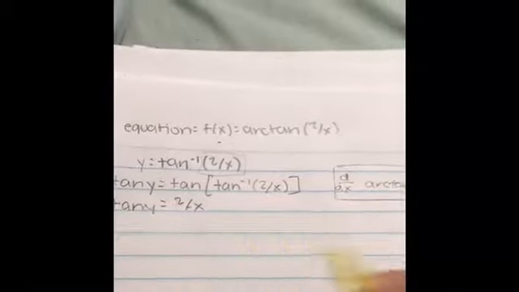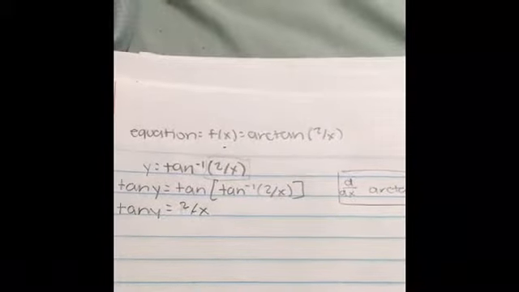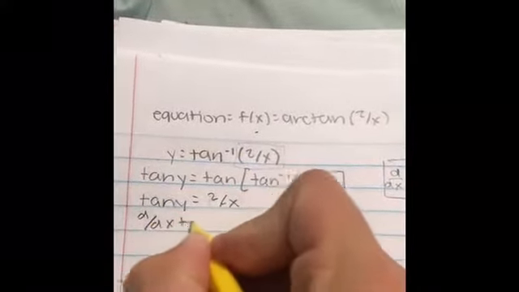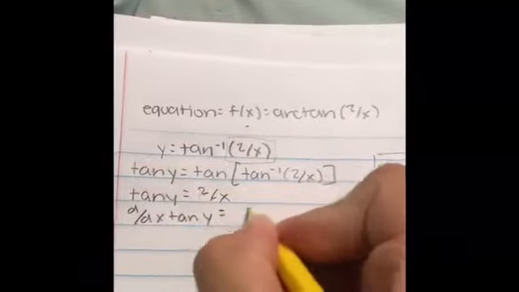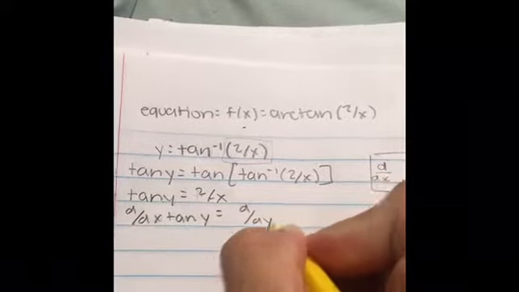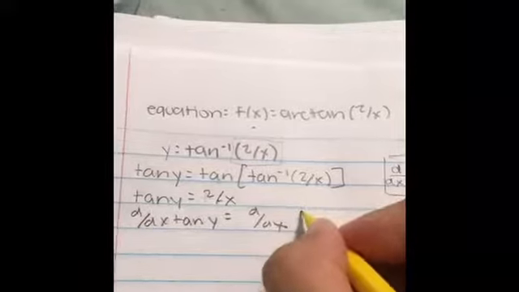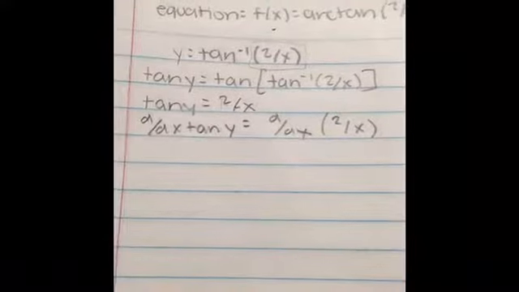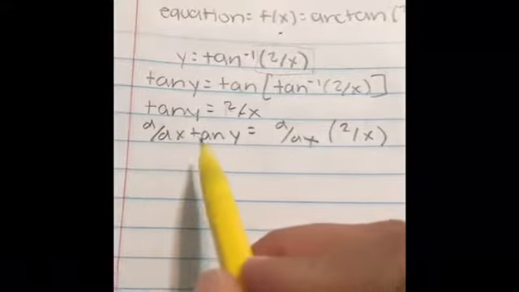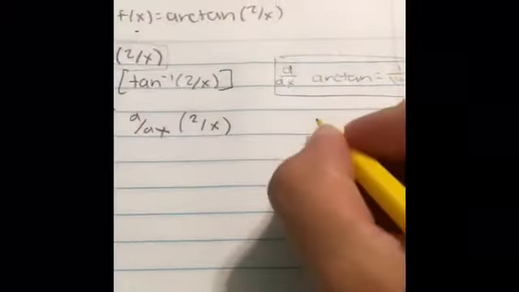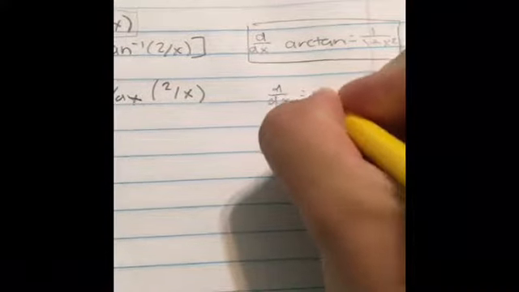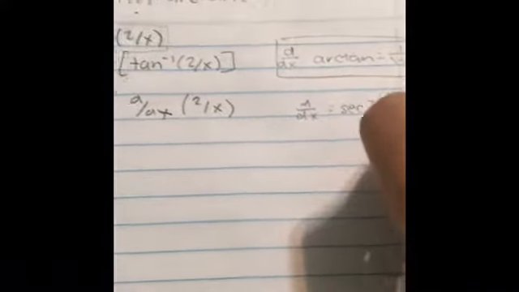And we're wanting to find the derivative of each side. So we have d over dx times tangent y equals d over dx times 2 over x. So now we find the derivative of both sides. So the derivative of tangent we know is secant squared x.